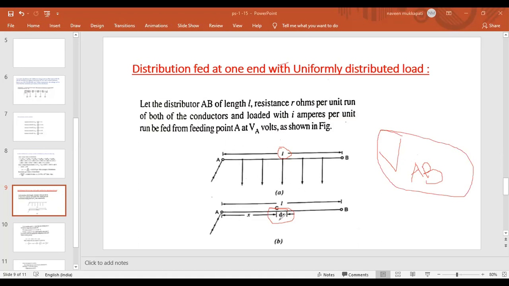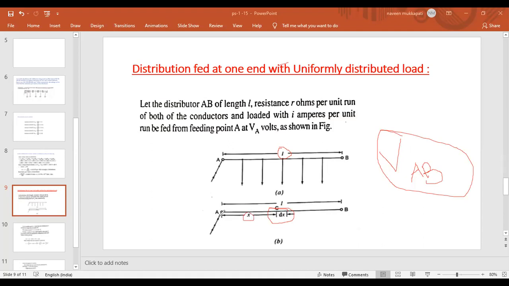Therefore, suppose we are taking a small distance or small length, that is dx, at x meters from the A point. How are we taking this small distance dx?